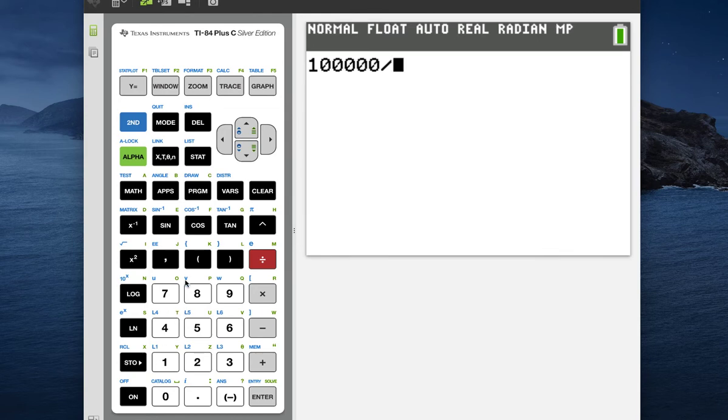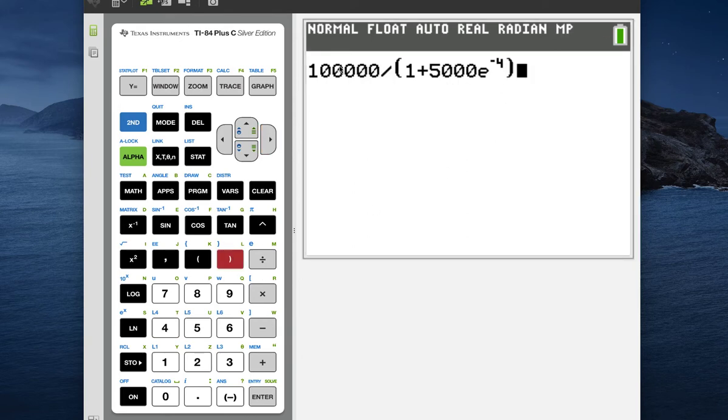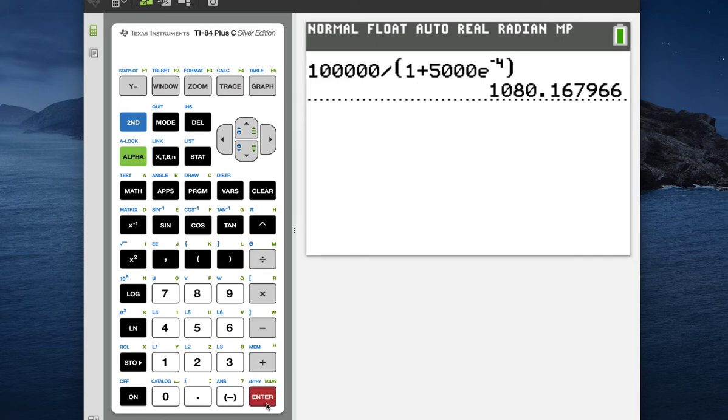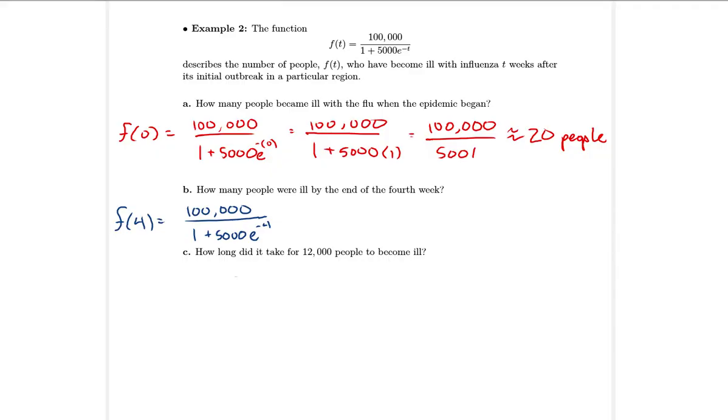You've got to type in parentheses 1 plus 5,000 e to the negative 4. Right, because you want to divide 100,000 by all of this, not just the first number that you put there. And so about 1,080 people is what we get.